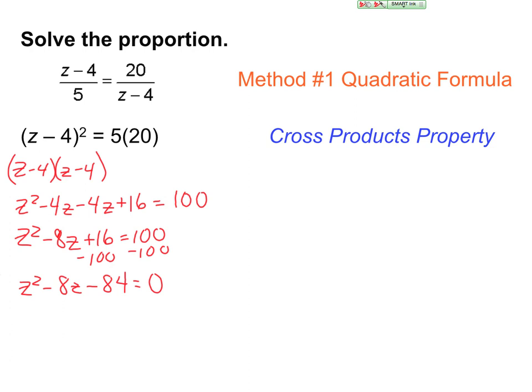So A is 1, B is negative 8, C is negative 84. Plug through the quadratic formula then.